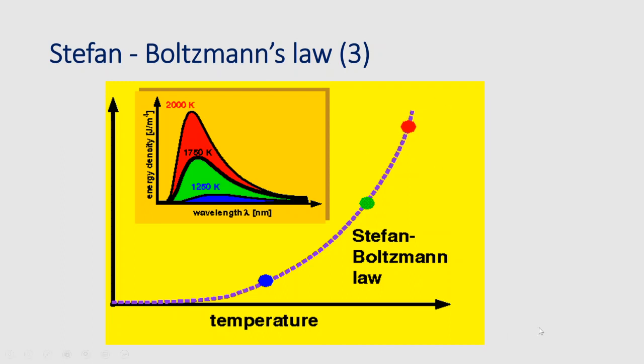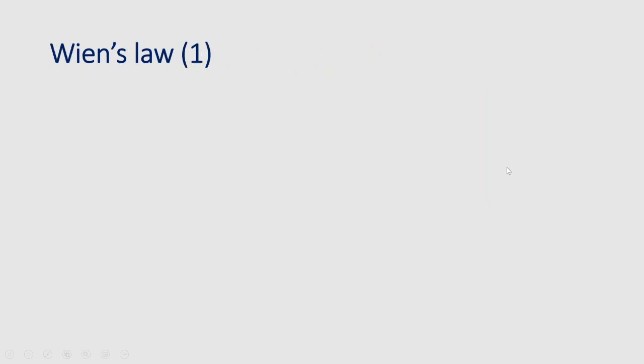So when the temperature is increasing, the emittance is also increasing strongly. And these are bodies, again a parametric representation of the Planck laws for bodies at different temperature conditions, and this is what you can get from the Stefan-Boltzmann law.